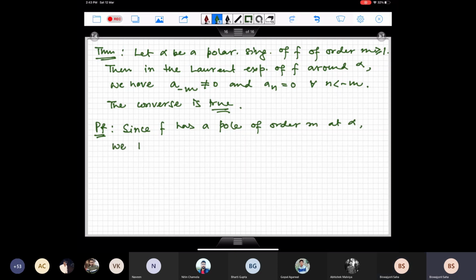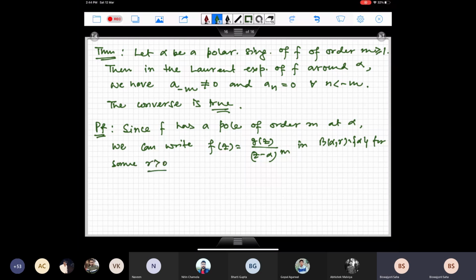We actually had seen that we can write f of z equal to some g(z) divided by (z minus alpha) power m in a neighborhood, or rather in a deleted neighborhood, in, let's say, B(alpha, R) minus alpha, for some R positive. Okay, so this is what I have. This is what we can write. We have seen this already, right?